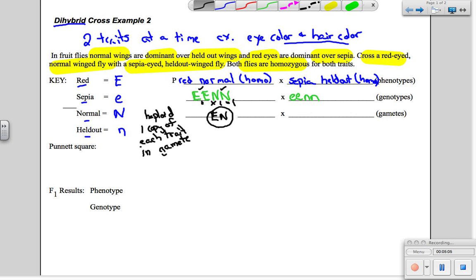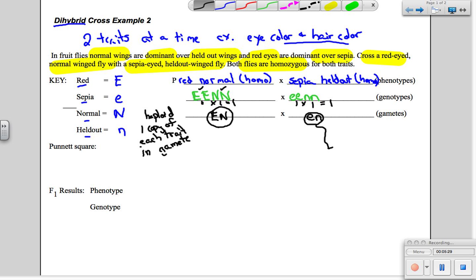I can't split it up now. Let's consider this parent over here. How many choices of E do I have? 1. How many choices of N do I have? 1. 1 times 1 equals 1. My only possible gamete here is little e, little n. There's my sperm. I can't split it up.